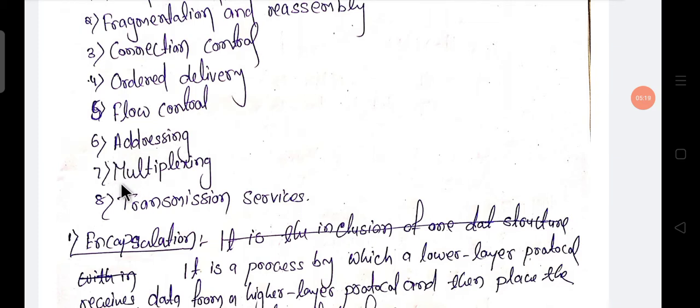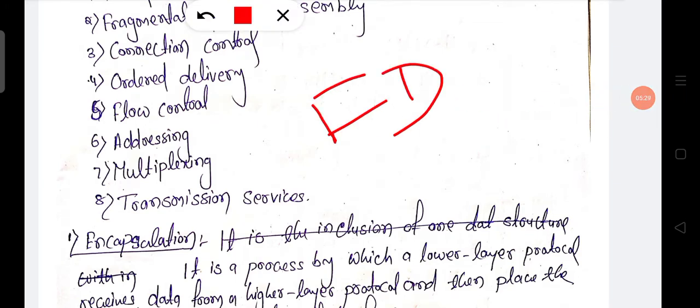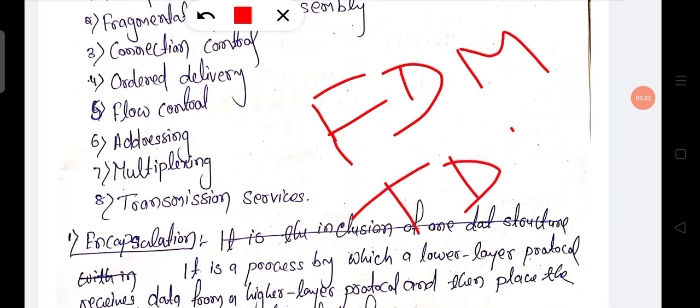And then multiplexing is of two types: FDM, frequency division multiplexing, and TDM, time division multiplexing.